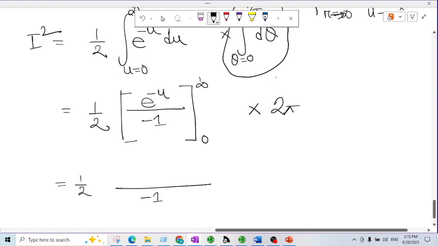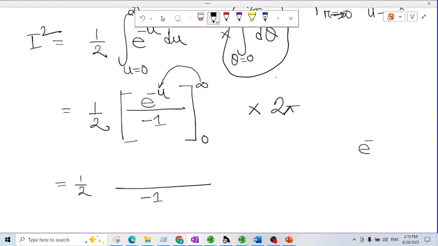If I put infinity here, then we have e to the power minus infinity, which tends to 0. So we write 0 here, then a minus, then if I put 0 here, e to the power minus 0 is equal to 1.